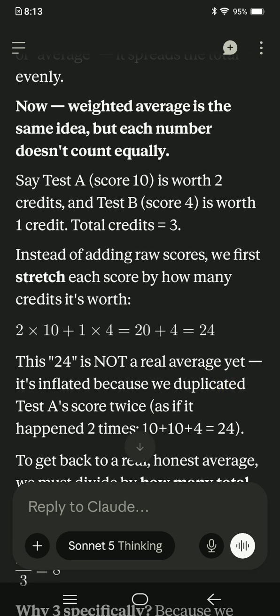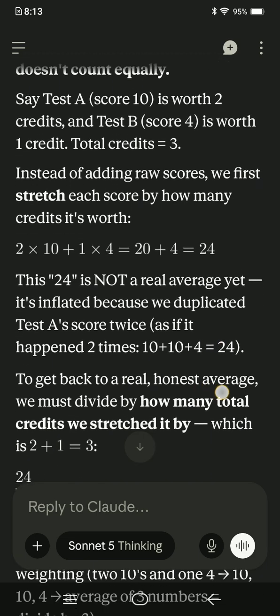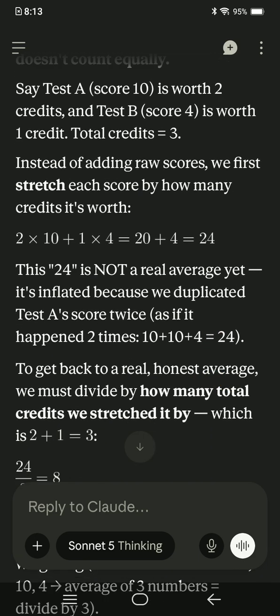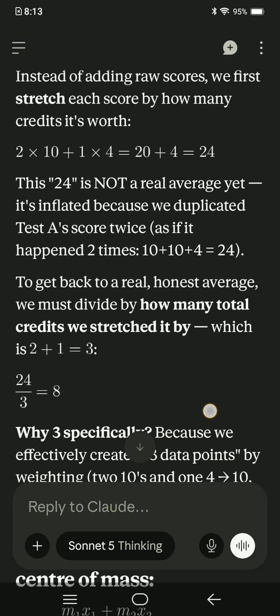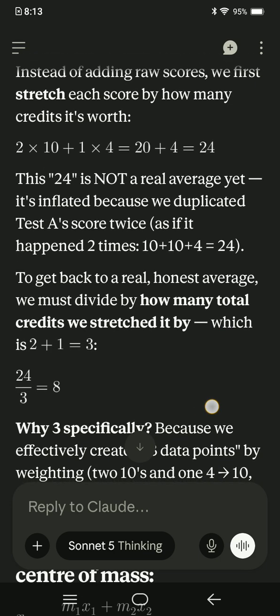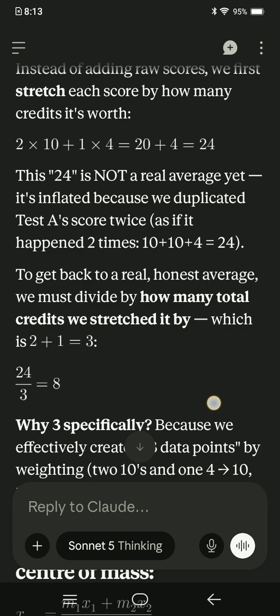So 2 times 10 plus 1 times 4 equals 20 plus 4, 24. This 24 is not a real average yet. It's inflated because we counted test A's score twice. To get back to a real honest average, we must divide by the total credits we stretched it by.